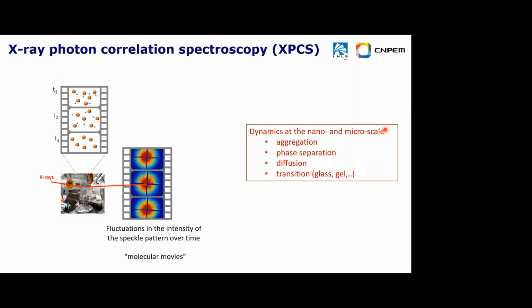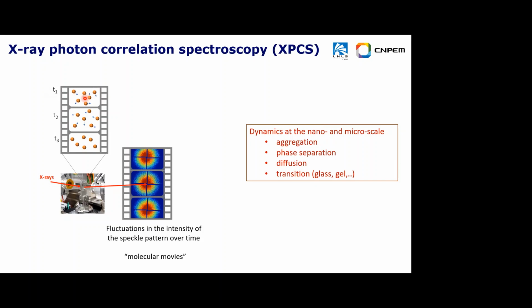So I start with XPCS, X-ray photon correlation spectroscopy. In this technique, we have different speckle pattern images of the sample. As we want to follow dynamics and movement, we will get a lot of images with a very short time between them. We can imagine it like in this illustration, for example, a colloid, and we have one image like a screenshot of the position of the particles at this moment.